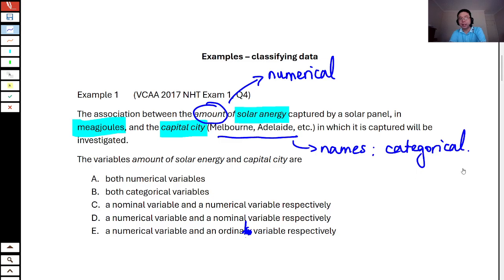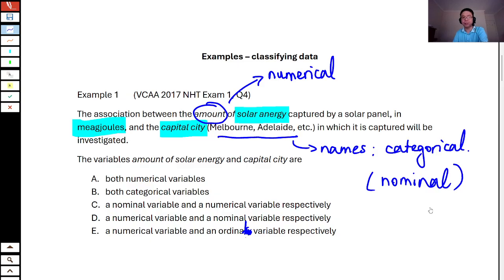Now, if you look at the options, we're not necessarily required to make the distinction between discrete and continuous for solar energy. But we may need to make the distinction for the capital city variable, whether it's ordinal or nominal. Within the capital cities of Australia, there is no obvious way to order them. So we would say this is a nominal variable.